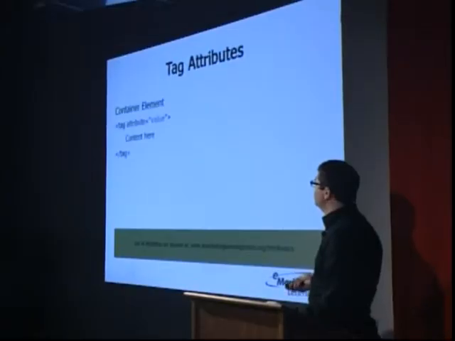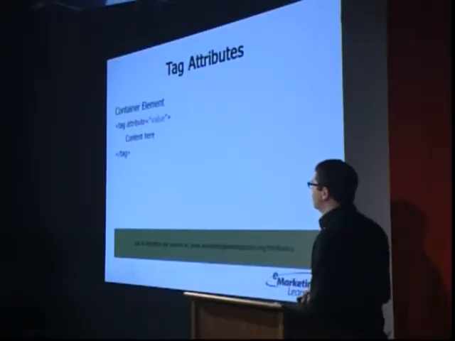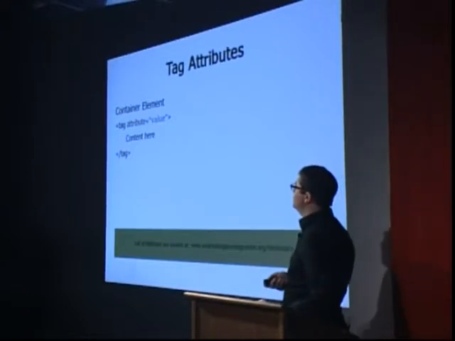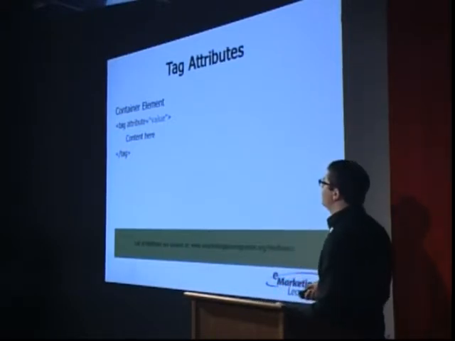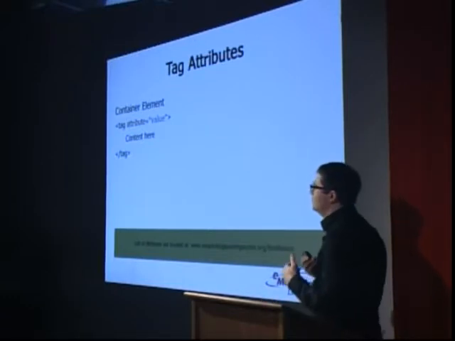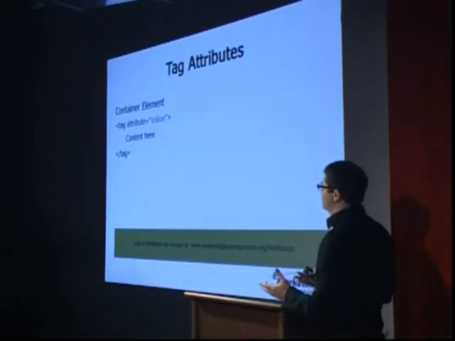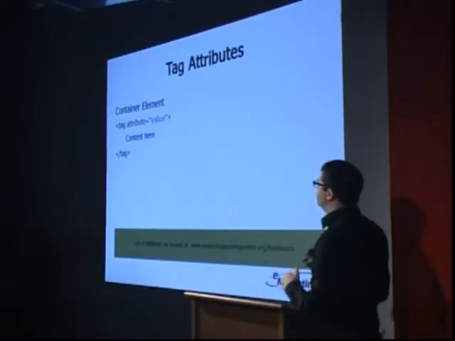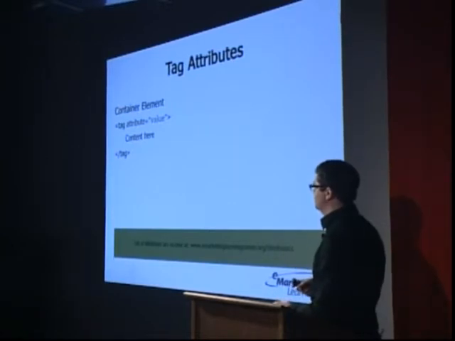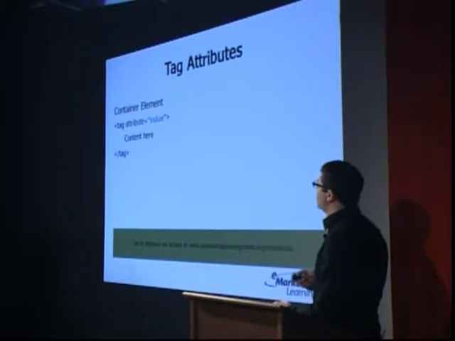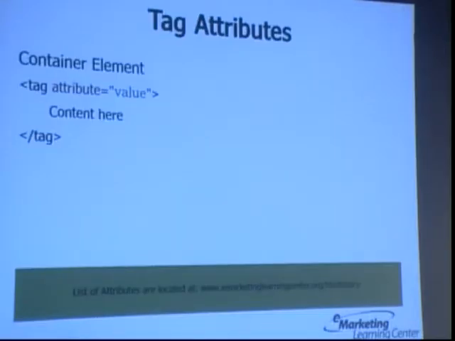Okay, so tag attributes. I referred to them as properties earlier, but really attributes is the more appropriate name. Property is more for style, which is the next lesson, talking about cascading style sheets. But for a container element, you would apply an attribute and a value inside of that open tag.